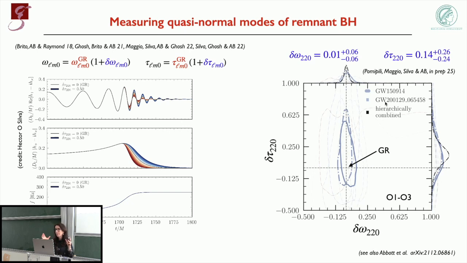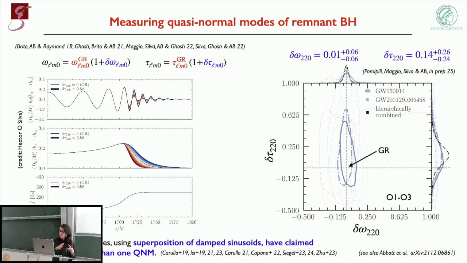We are basically measuring this quasi-normal mode, the fundamental one. But until now, not more than the fundamental mode, just one of them. There is also another method used by the collaboration to do this test of the ringdown, which uses just damped sinusoids. But the results are, general relativity passed the test.